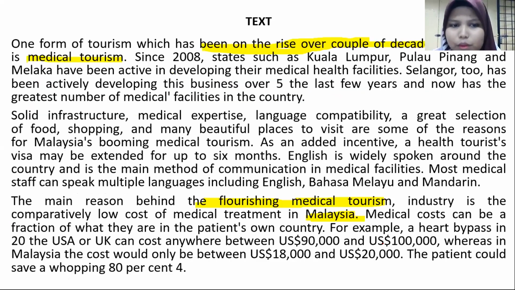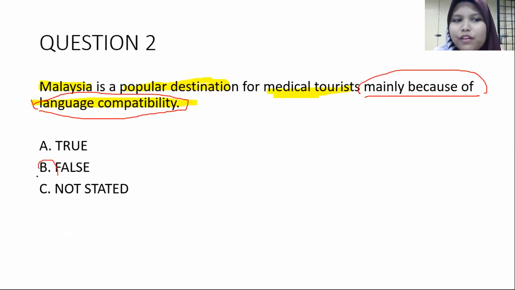So let's take a look at the sentence once again, which is the comparatively low cost of medical treatment. It is the antonym, with a different meaning from language compatibility. Thus, the answer is false, because the reason Malaysia is a popular destination is not language compatibility, but actually the low cost of treatment.